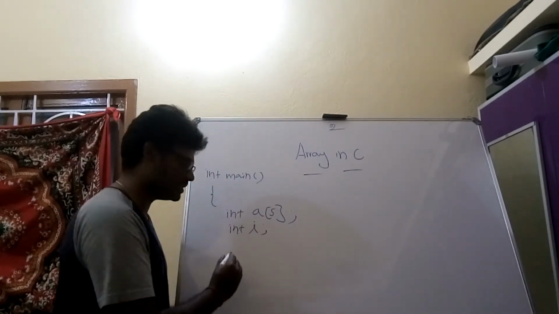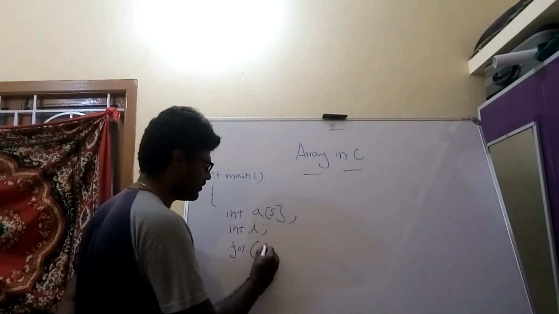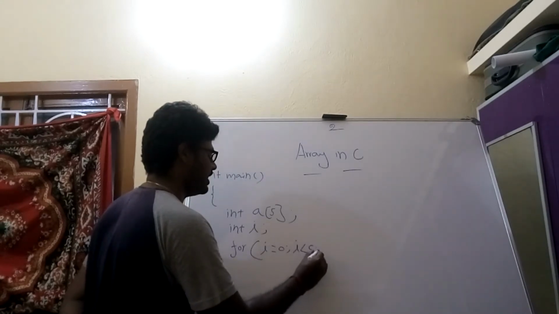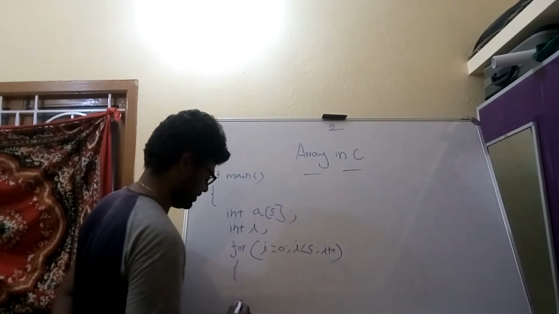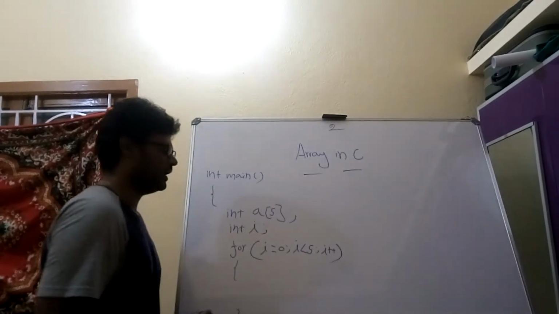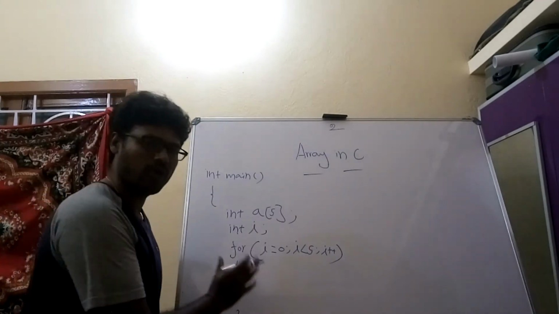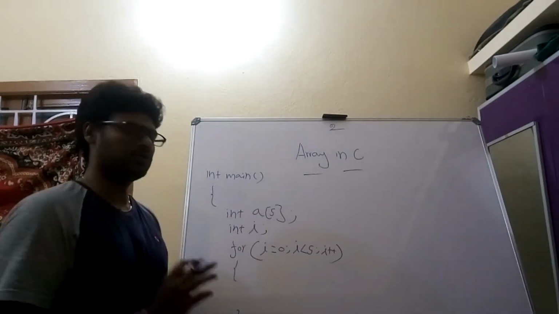This i is used in a for loop, so I'm going to have a for loop here: for i equal to 0, i less than 5, i plus plus. Okay, it is a simple for loop which works for 5 iterations, 0 to 4.